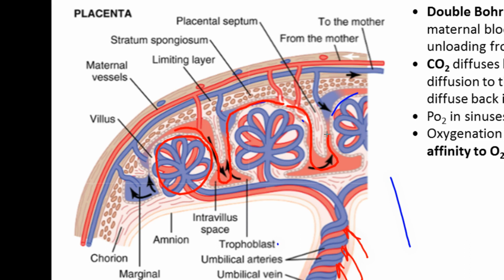So here you can see the uterine artery of a mother. Uterine artery of the mother will deliver the blood into that sinus. Okay? This is called a marginal sinus, by the way. Gas exchange will occur between the sinus and the villus.